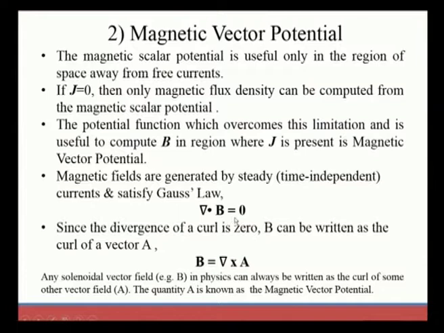Also, since the divergence of a curl is 0, B can be written as the curl of a vector A. There is a property that any solenoidal vector field, for example B here, can always be written as the curl of some other vector field A.